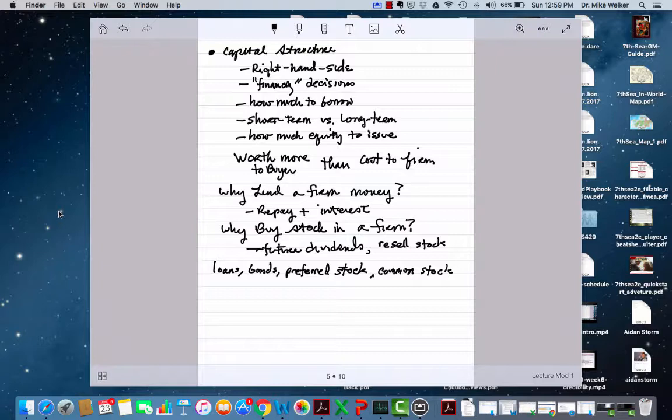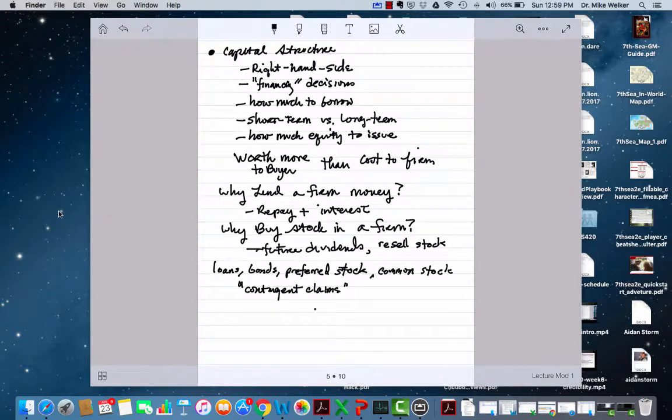These types of securities are called contingent claims. Now, the reason why they're called this is because a financial asset derives its value from its claim on the cash flows generated by the real assets on the left side of the balance sheet.